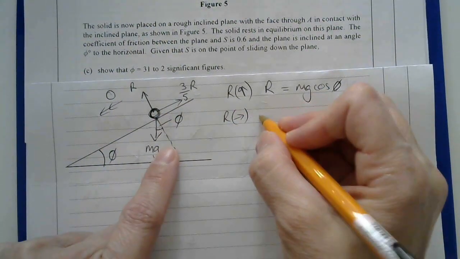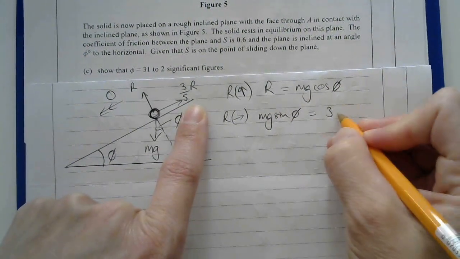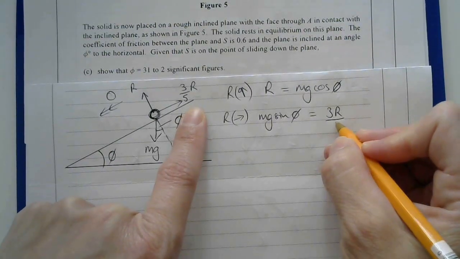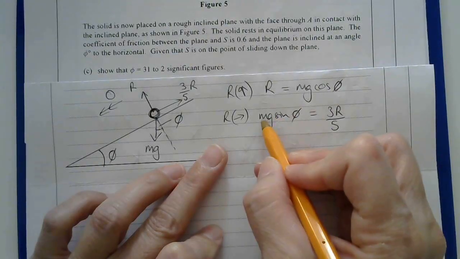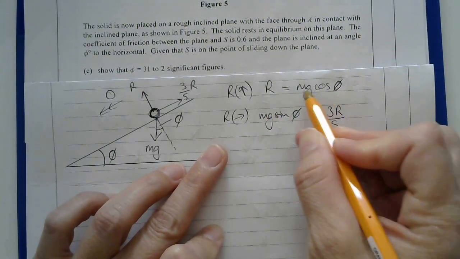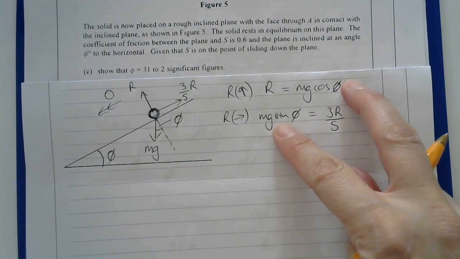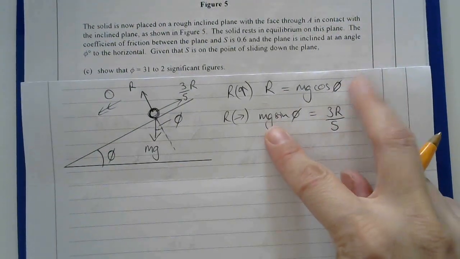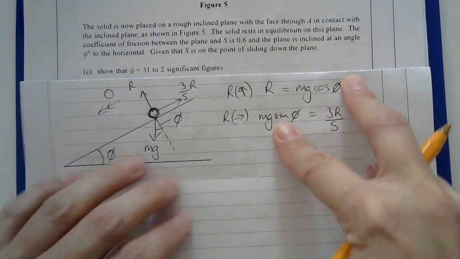So the force down the plane is mg sin phi, which equals the force up the plane, the frictional force, 3R over 5. And whenever you end up with something like this, something sine of the angle and that same something cos of the angle, then you can combine these by doing this divided by this, the one with sine in divided by the one with cos in, so that you end up with tan.